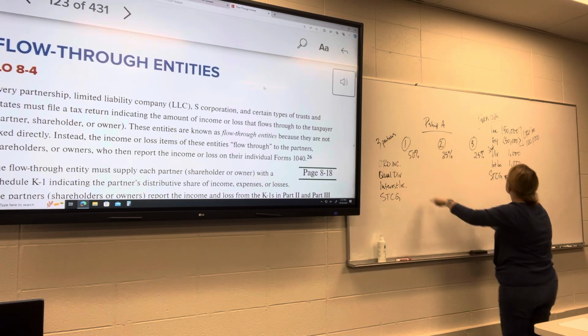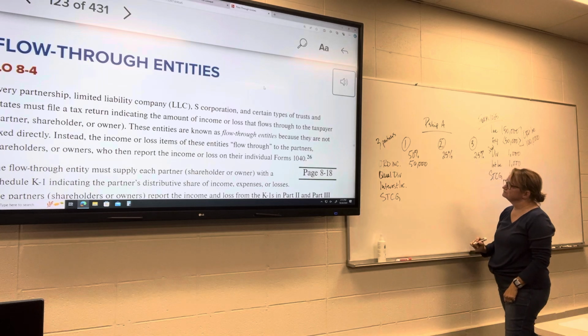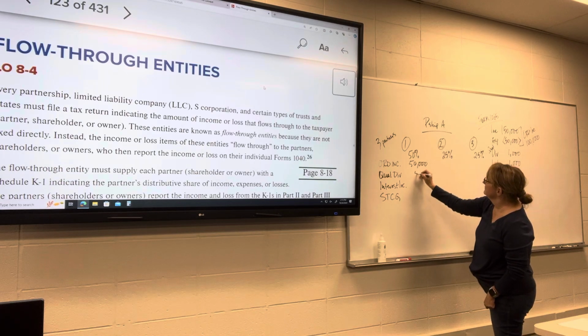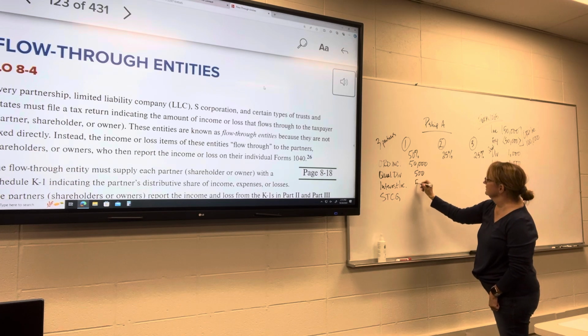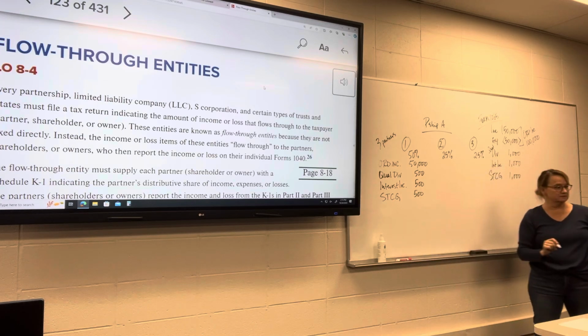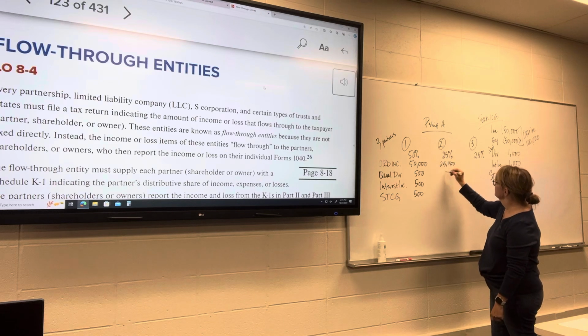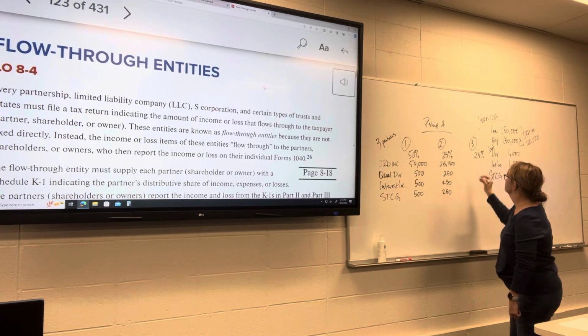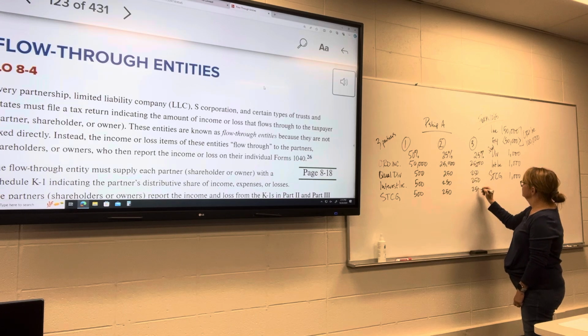Partner 1 has $50,000 of ordinary income and $500 of qualified dividends, $500 of interest income, and $500 of short-term capital gains. Partner 2, $25,000, $250, $250, $250, and again, $25,000, $250, $250, $250.